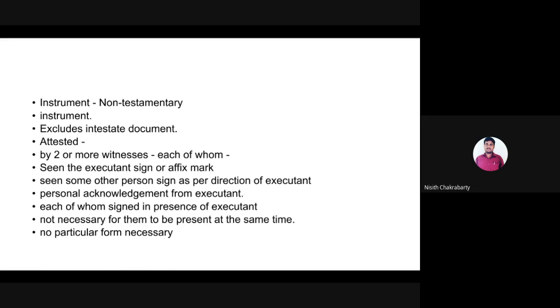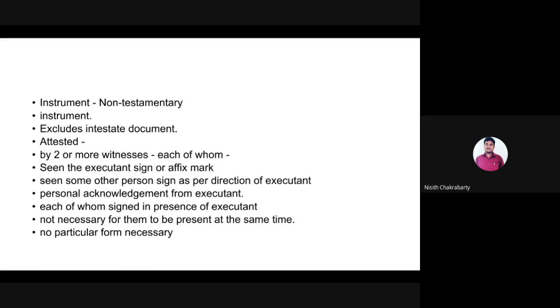Why? Because we are not concerned with testamentary instruments. If the Transfer of Property Act was dealing with testamentary instruments, then the instrument would have meant a testamentary or intestate instrument. It is only a non-testamentary instrument that we are concerned with.